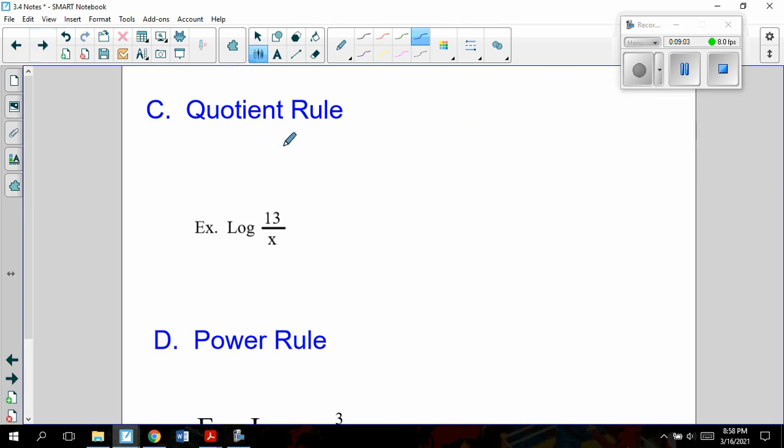All right, C then is your quotient rule. You're going to imagine you have division in there because it's got a quotient. So your property is log, still have to have a base, so we'll say base b of r over s. That thing is going to split just like multiplication, except we are going to subtract.